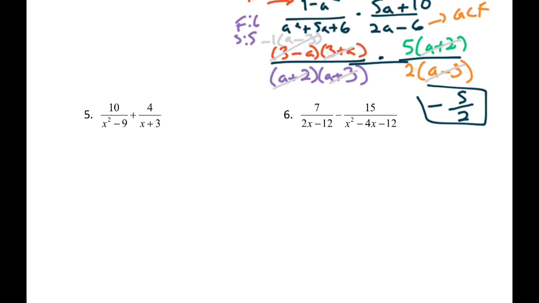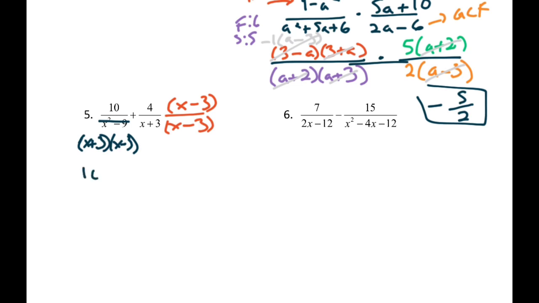Number 5, first thing I want to do is factor this denominator down here. So this x squared minus 9 should be an x plus 3 and an x minus 3. Now, in order to add fractions, we need common denominators. So this right side needs the x minus 3. So we're going to multiply this right side by an x minus 3 over x minus 3.